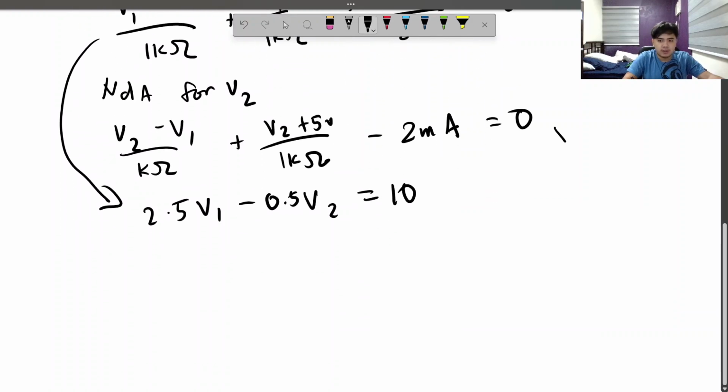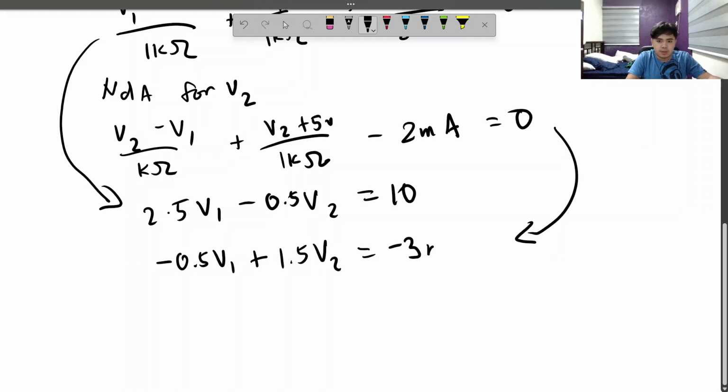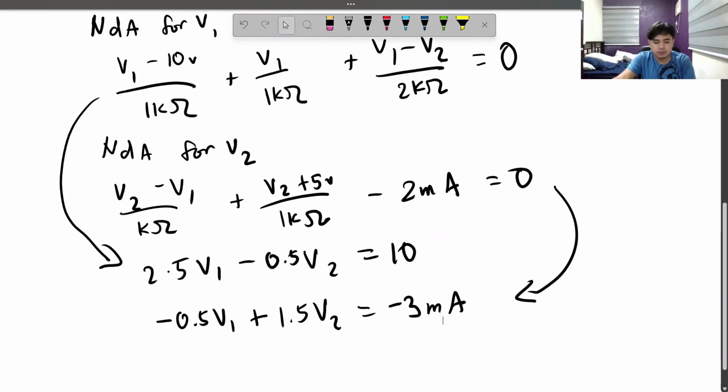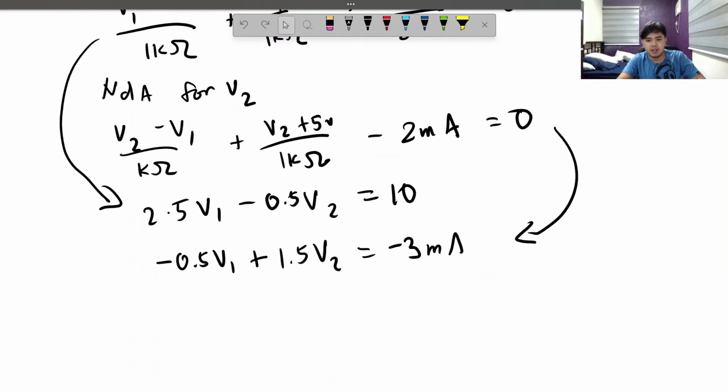And for this one, we get negative 0.5 V1 plus 1.5 V2 equals negative 3 milliamperes. Let's remove the labels. There we go.